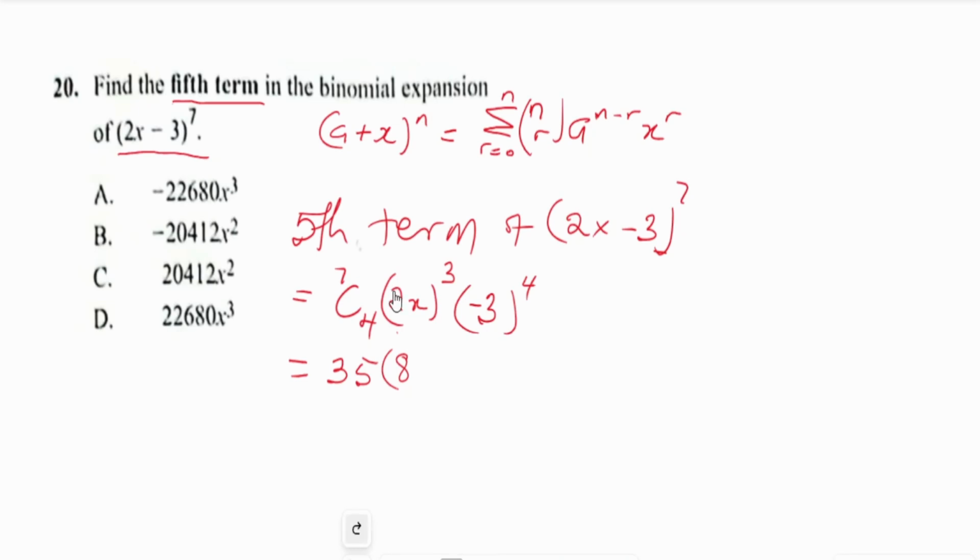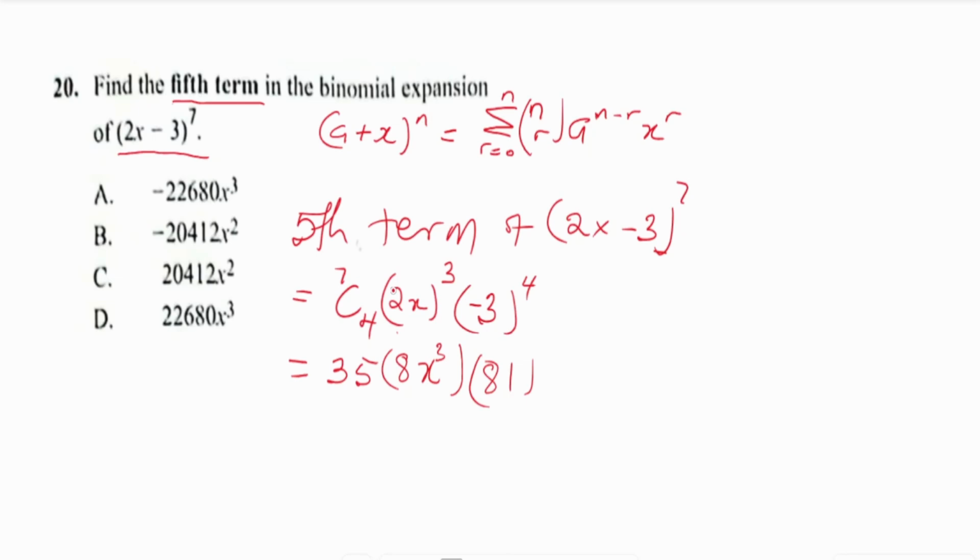Or I can do it this way, 8x cubed for the whole (2x) cubed, because 2 times 2 is 4, 4 times 2 is 8. Then negative 3 exponent 4 will give us 81. You have to make sure you put the negative 3 in parentheses so that it will not give you negative 81 instead of positive 81.